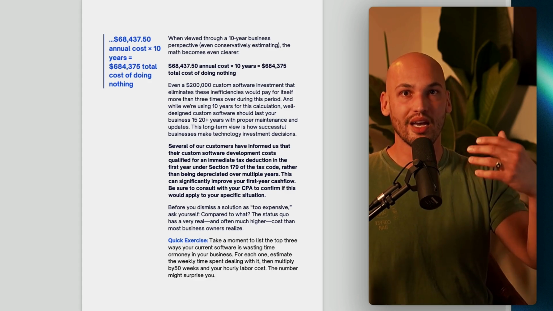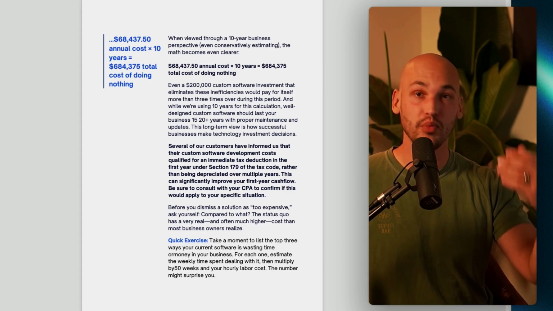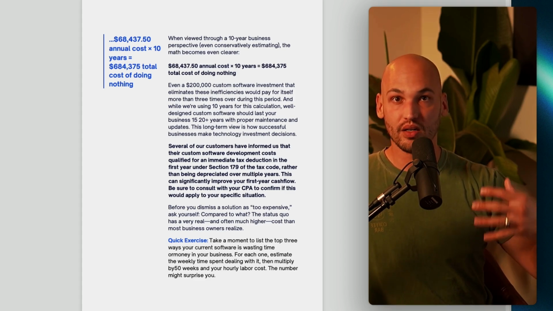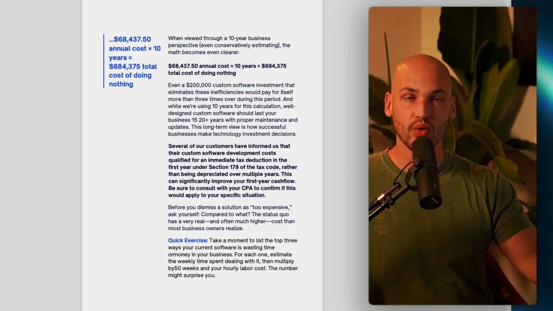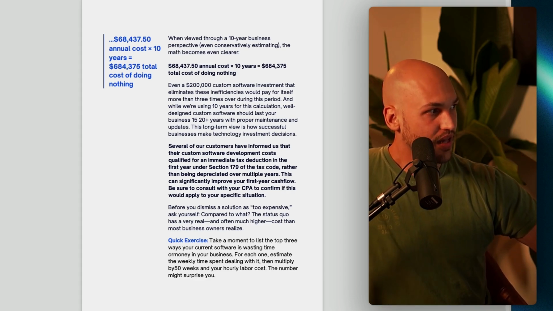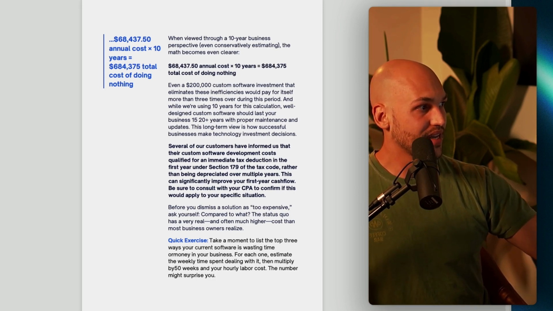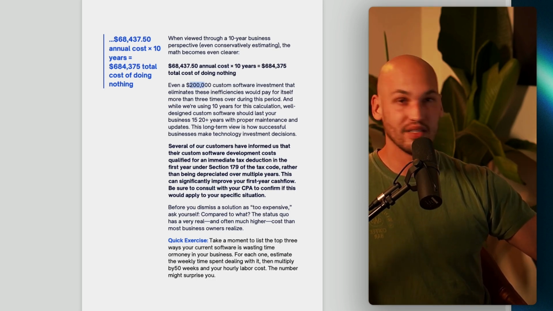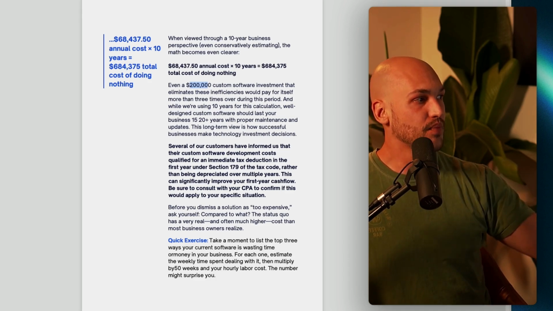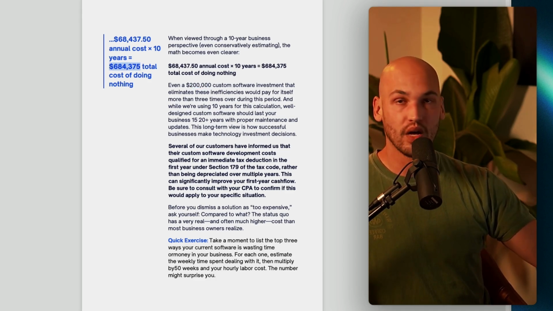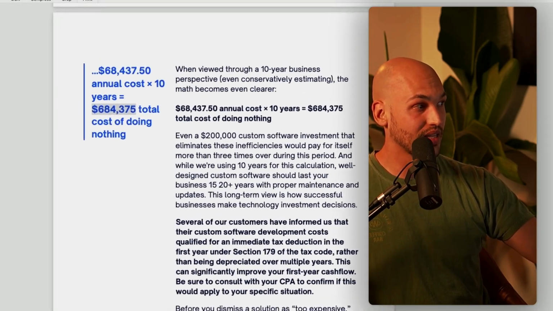This could help streamline your business and allow you to train and bring in more employees to grow quicker. So when we think about it over the course of 10 years, which is conservative, the cost at $200,000, let's say on the more expensive side, becomes a lot less expensive, considering that total opportunity cost is almost $700,000.